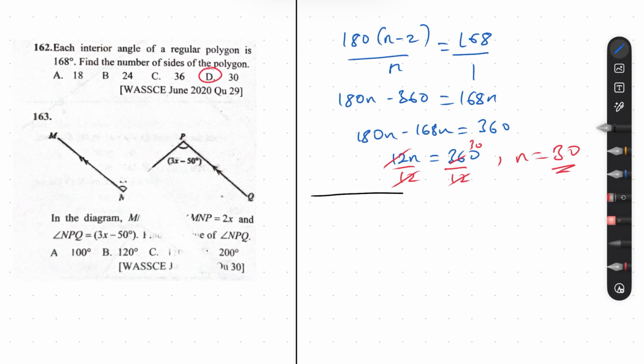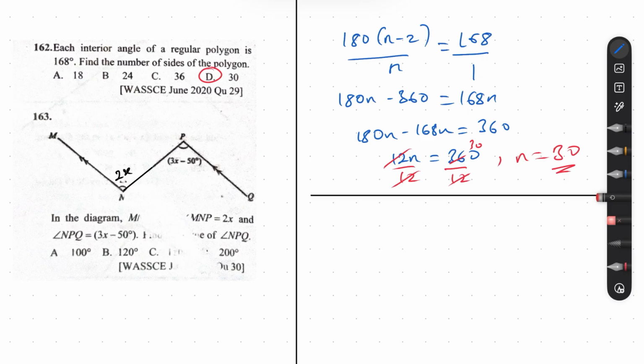Let's just divide this. Cool. Now, question 163 looks a little bit like it's not clear, but this is a straight line here. Okay. And then this here, if I'm not wrong, it is 2x. Okay. Now, the question says in the diagram, angle MPN, I'm sure it's 2x right here.